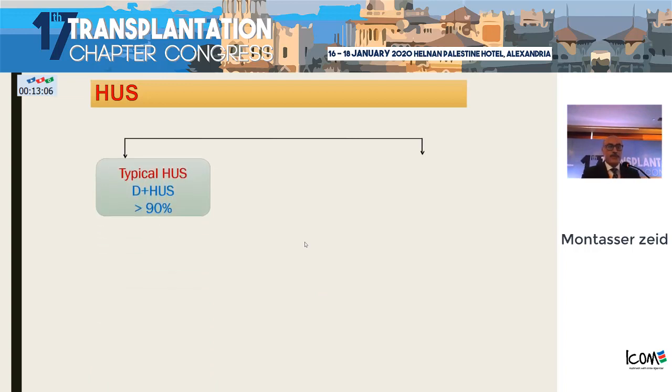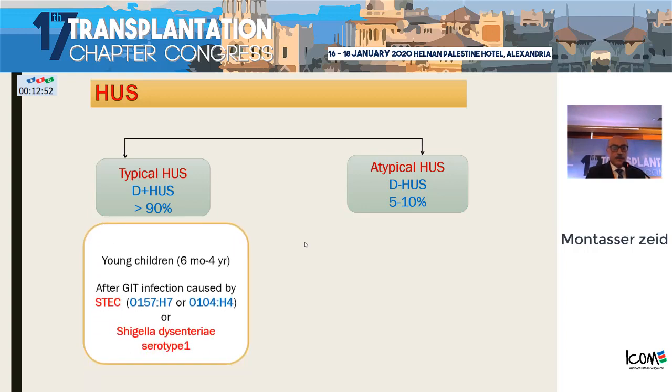We have two main types of hemolytic uremic syndrome. In typical hemolytic uremic syndrome, diarrhea is present in 90% of cases, and in atypical hemolytic uremic syndrome, diarrhea is negative in 5 to 10% of cases.